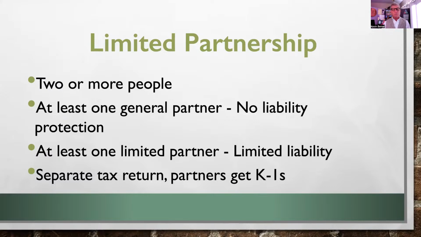So the partners are going to pay income tax on whatever profit the limited partnership made. Now, they're probably going to get a distribution, so at least they can cover their tax liability for the profit.